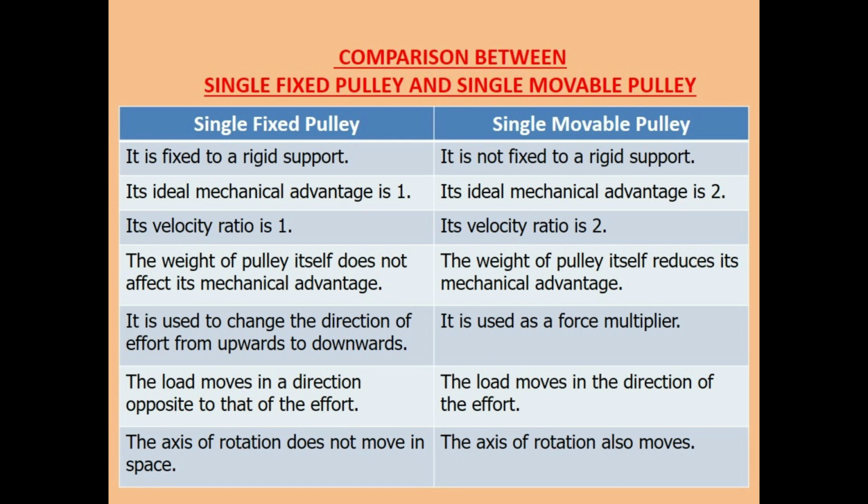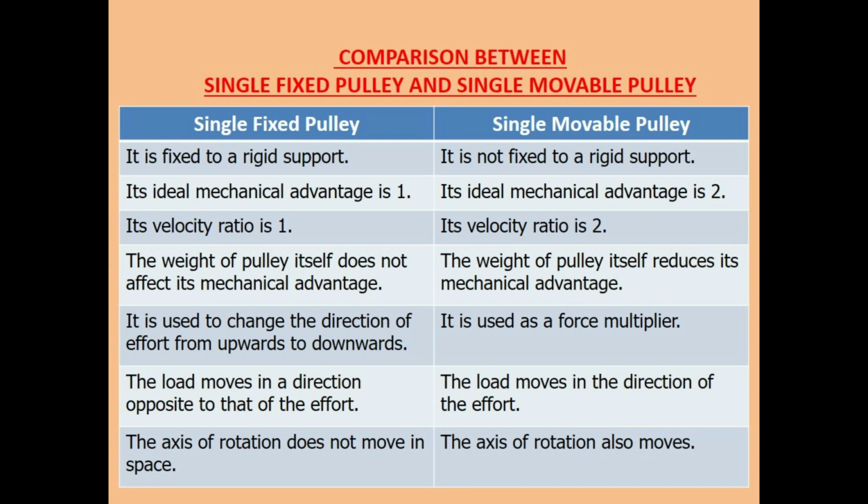When you think about velocity ratio, it is 1 for the single fixed pulley, but 2 for the single movable pulley.